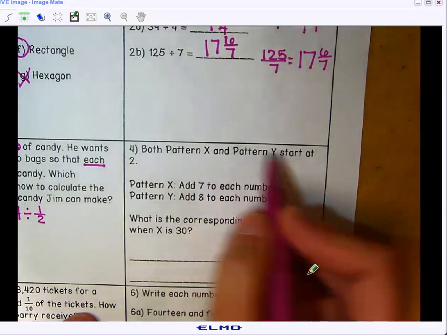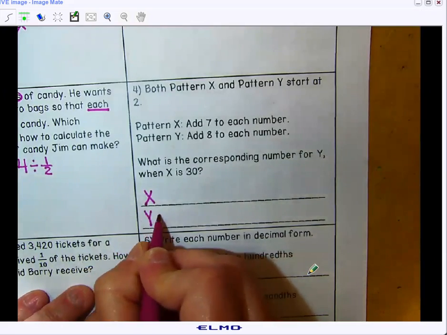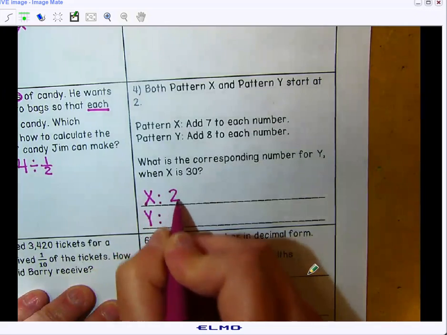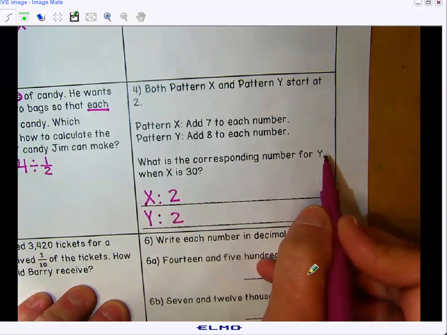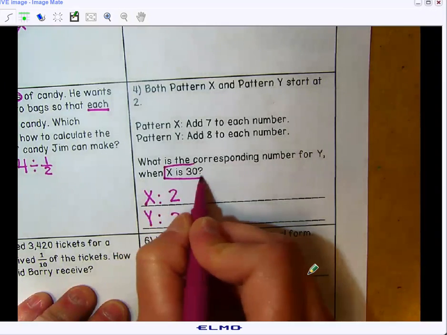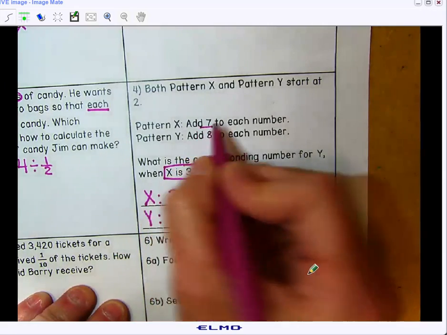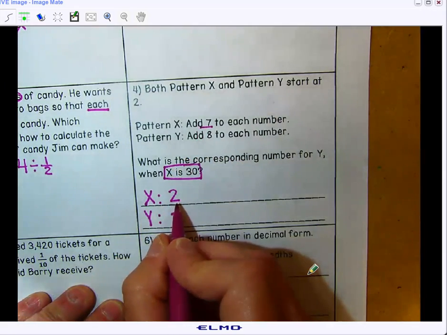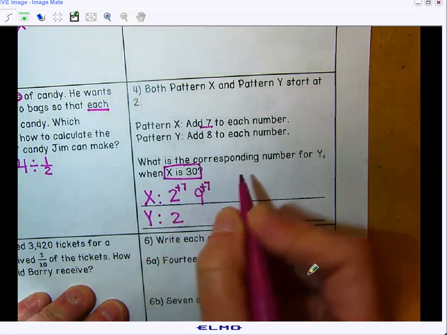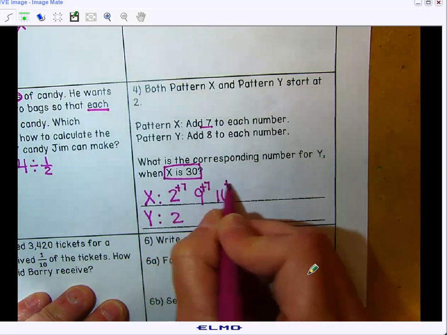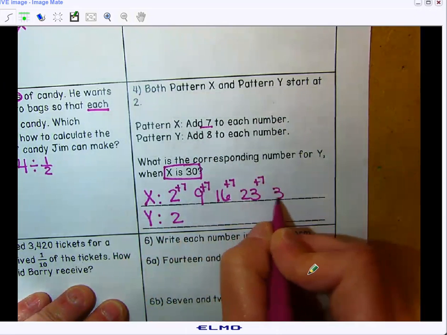Pattern X and pattern Y start at 2. So we have X and Y, and they both start at 2. Okay, we want to go with the corresponding Y when X is 30. So we have to go all the way out to 30, and we're going to start with adding 7 to the X value. So add 7, it's 9, add 7, it's 16, add 7, it's 23, add 7, that's 30.